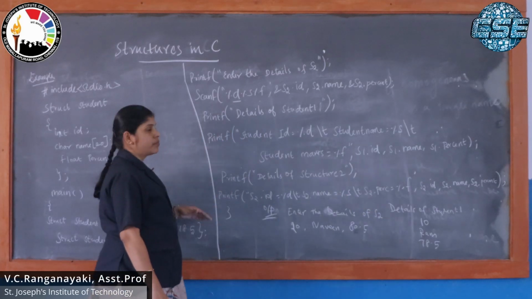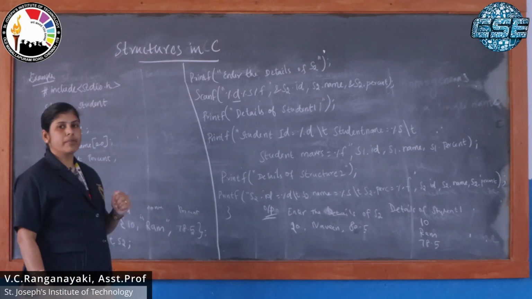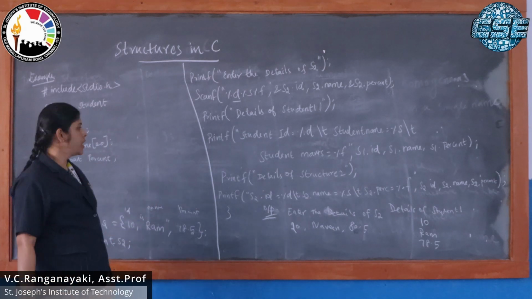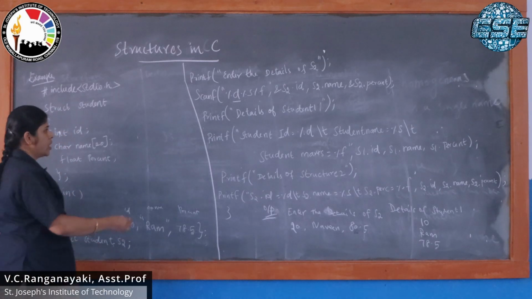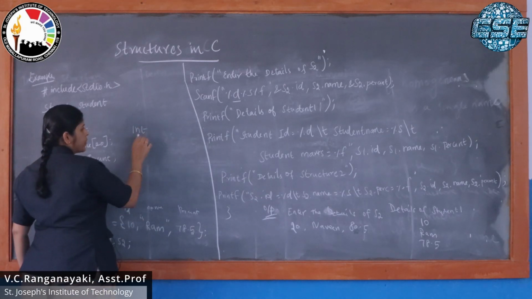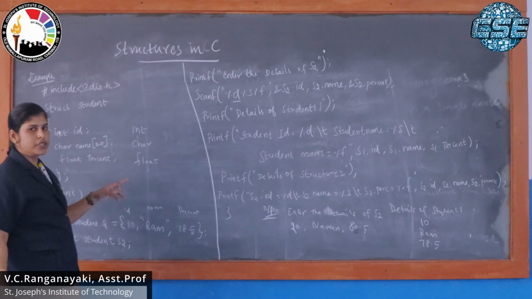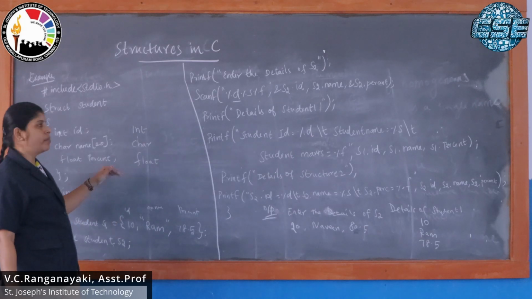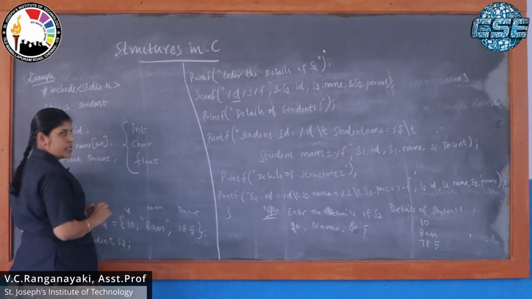One more thing we need to know in structure is how the memory will be allocated. For example, I used 3 data types: int, char, float. 3 types of data used in a single program. The memory allocated is the sum of all these data types.